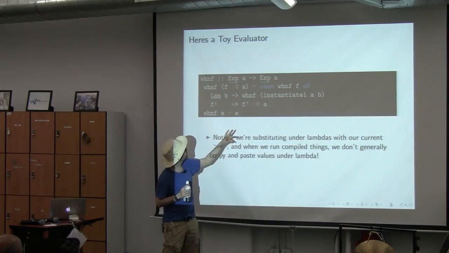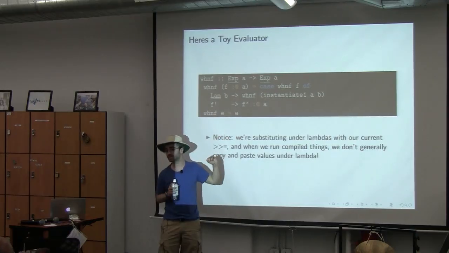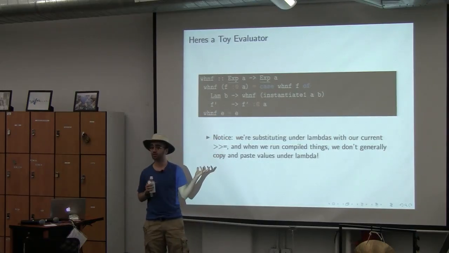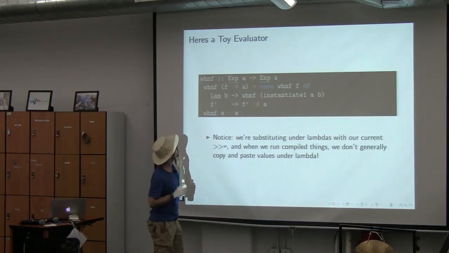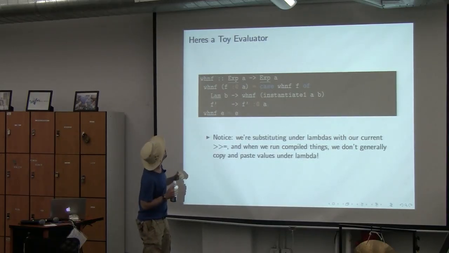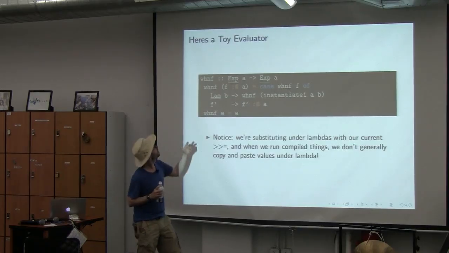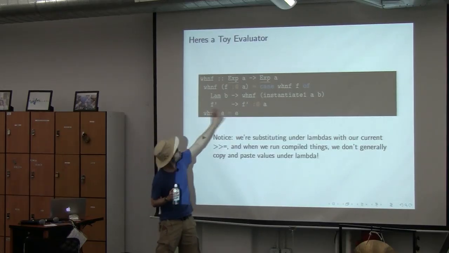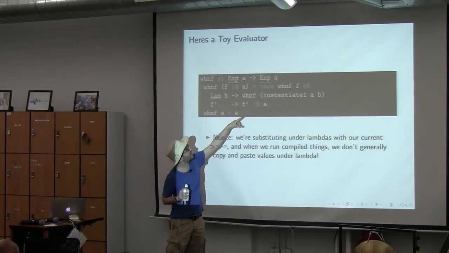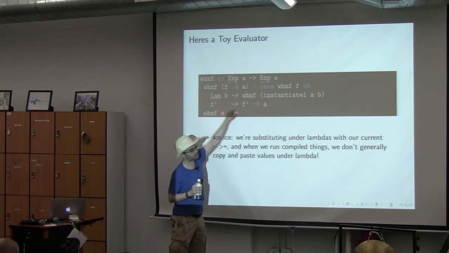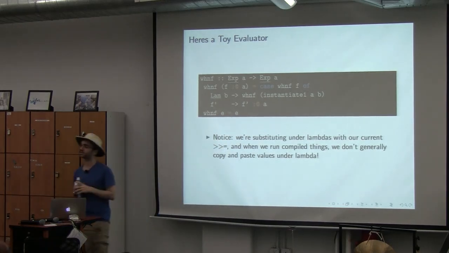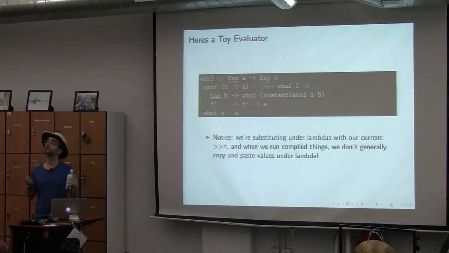And then, once that normalizes, which might take a while, or could go forever if I wrote this as a strict normalizer, once we're done normalizing f, we go back and eventually do this function application. That's where we have a non-tail call application of our evaluator.